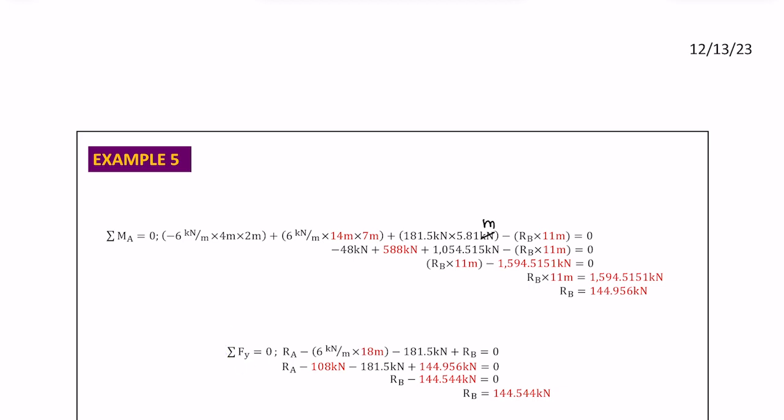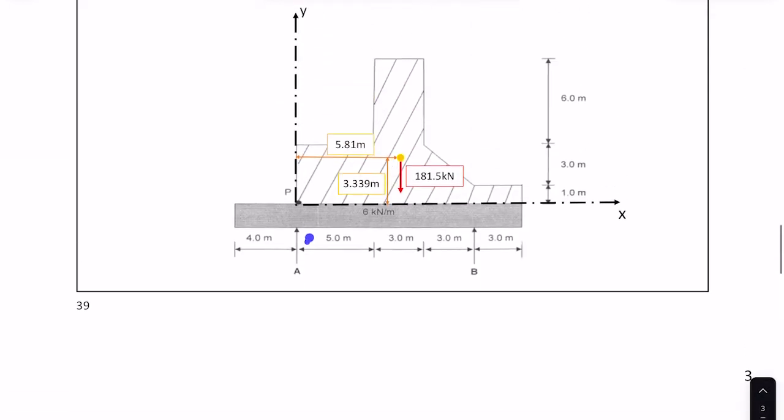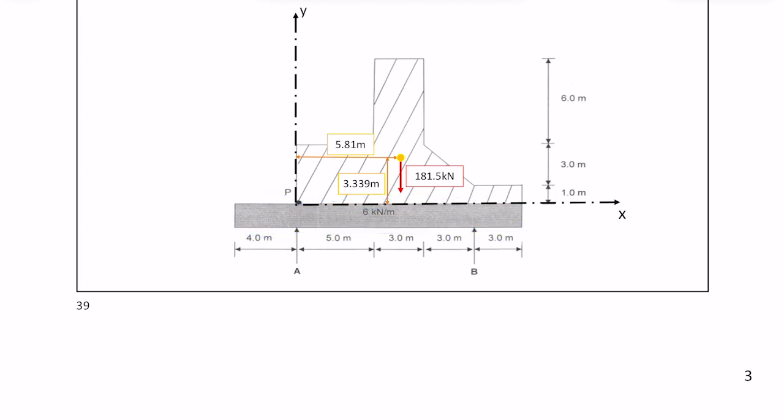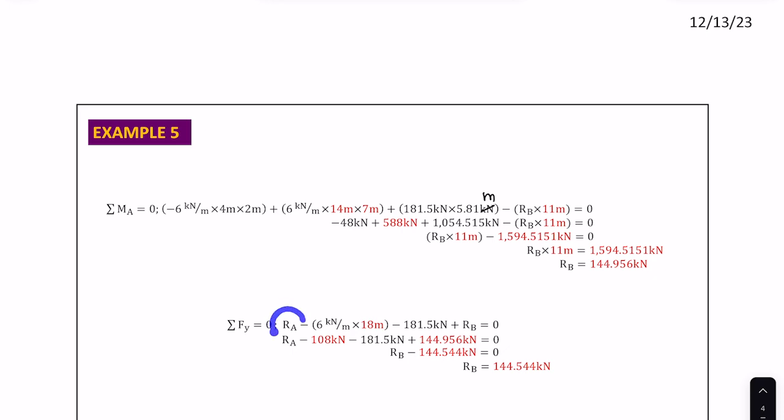When we finally get the value of RB, we can get the value of RA using the force equation. So total force in the y-axis is equal to 0. We have RA going up. We have the loading from the beam. We have the loading from the wall. And we have RB. So this is RA, and loading from the beam because of 6 kilonewton for every meter.